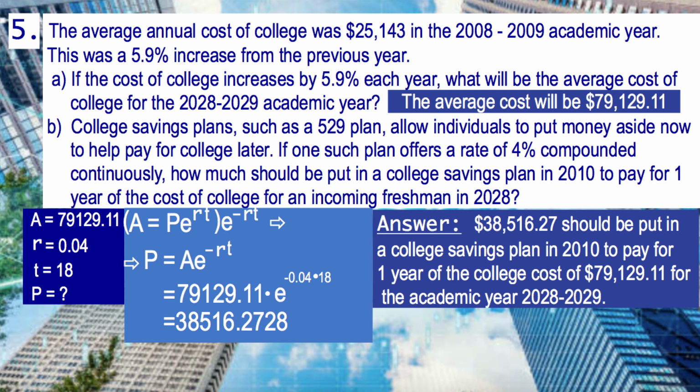So, our final answer is $38,516.27 should be put in a college savings plan in 2010 to pay for 1 year of the college cost of $79,129.11 for the academic year 2028 to 2029.